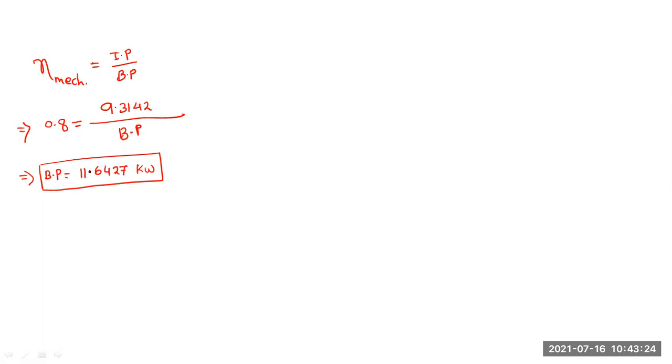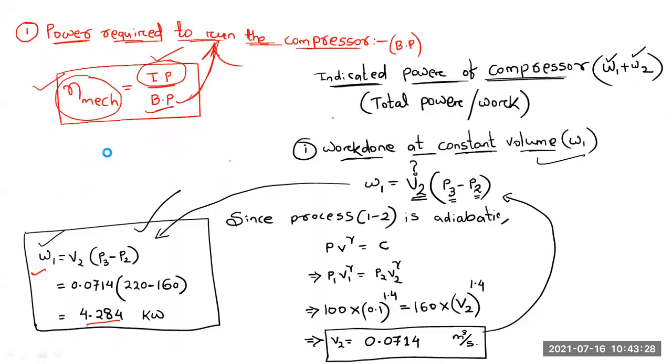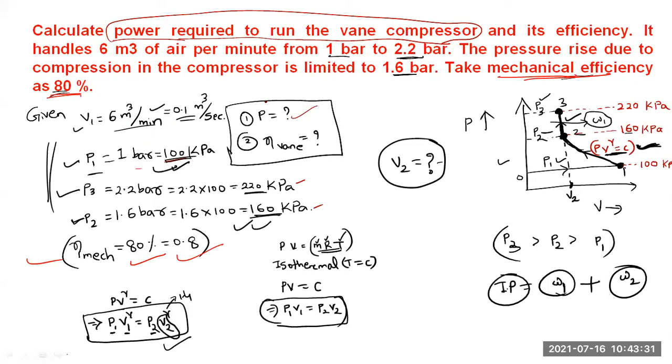So this is the brake power we have calculated, and this is the answer for the first question: the power required to run the compressor, which is the brake power we have calculated.